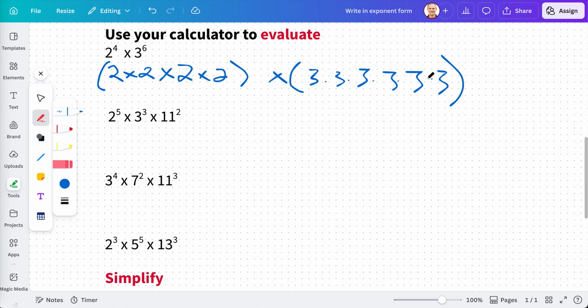I'm just doing it for ease here. So if I'm going to do this by hand, this would be 4 times 4, and this would be 16. And then we'll multiply that by 9 times 9 times 9. 9 times 9 is 81 times 9.